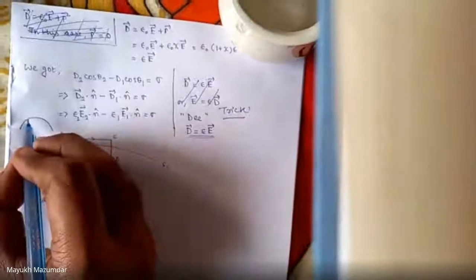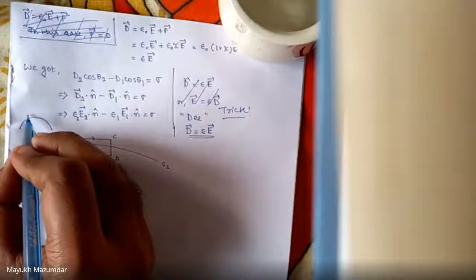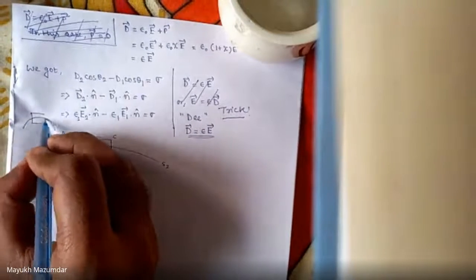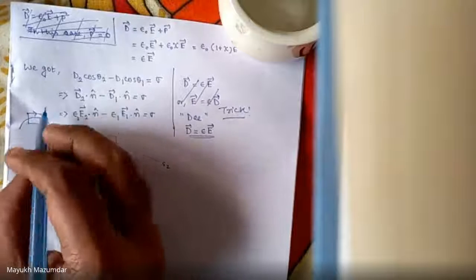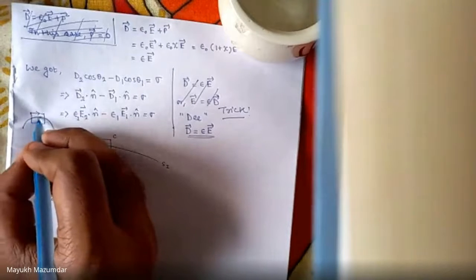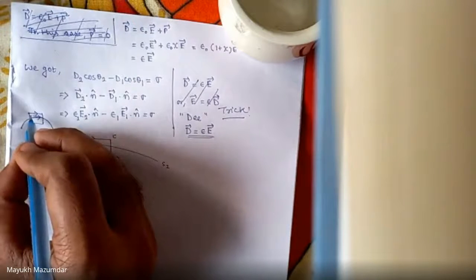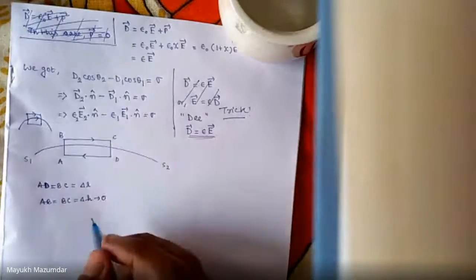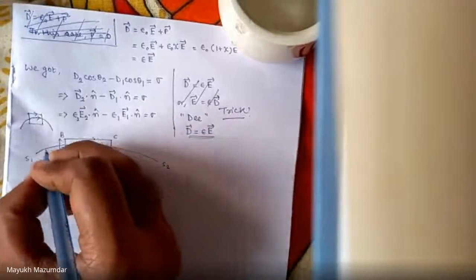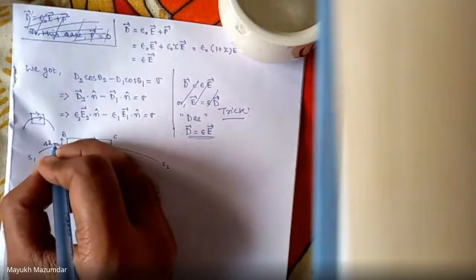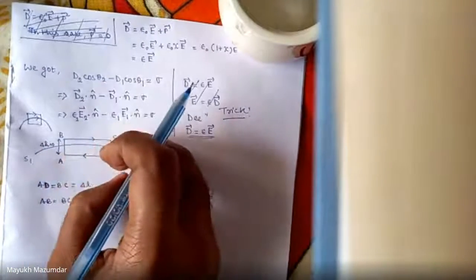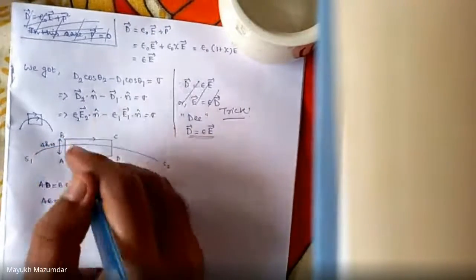So how can I draw something parallel to it? Only if this line lies on the surface can I say this line is parallel. So we are taking this height very, very small so that AD and BC lie as if on the surface of the boundary.